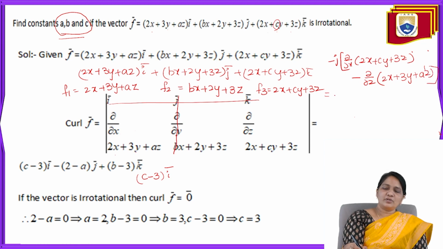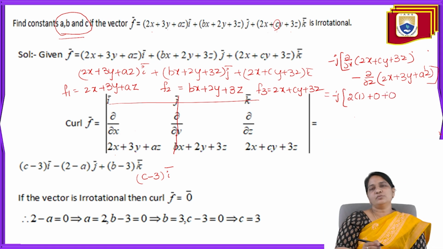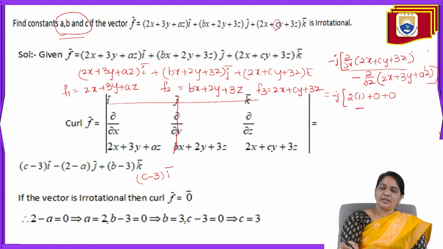So what is the first value here? Minus j of ∂/∂x of 2x plus cy plus 3z. So 2 into the x derivative is 2, plus c and y both are constant, so 0, and the third term is also 0. This is the value of ∂/∂x of this expression. Minus ∂/∂z of 2x plus 3y plus az.